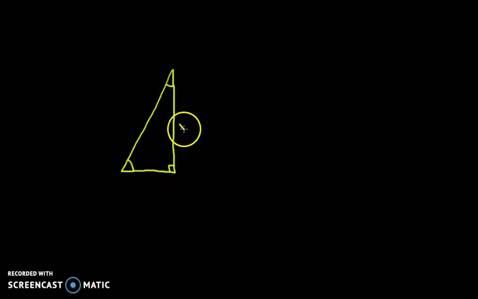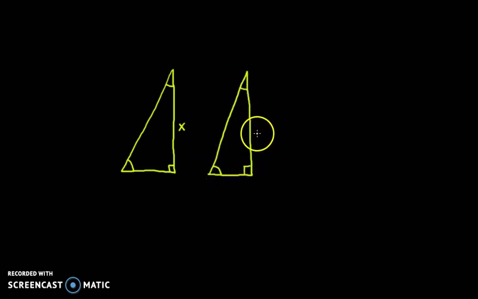I'm saying I've got one triangle that has a 90-degree angle and has a distance x. And then I have another one that has the exact same angles. It's a 90-degree angle, and this one is going to be 1/2 x.